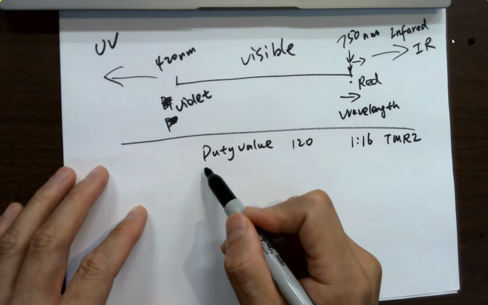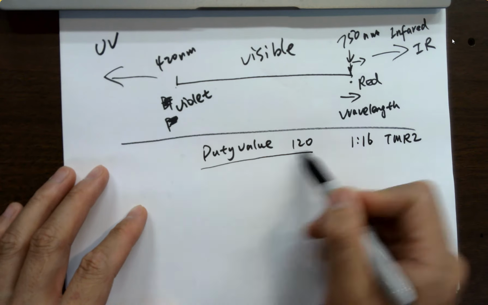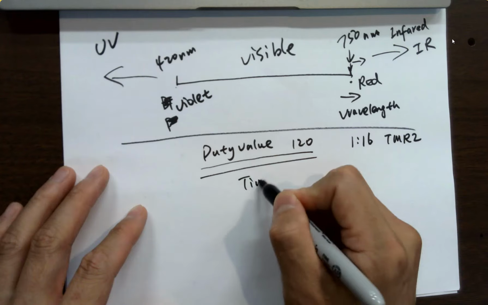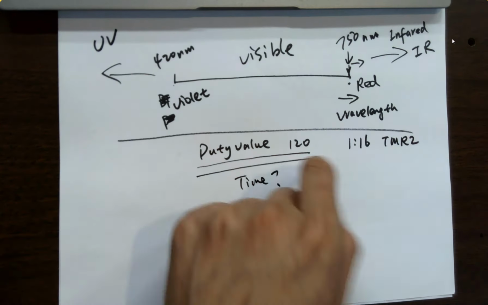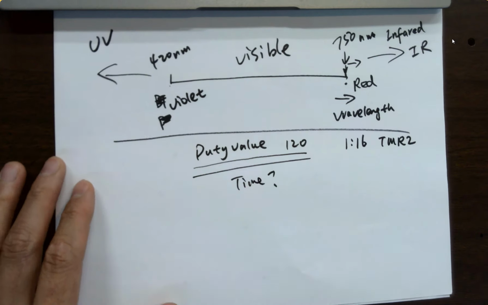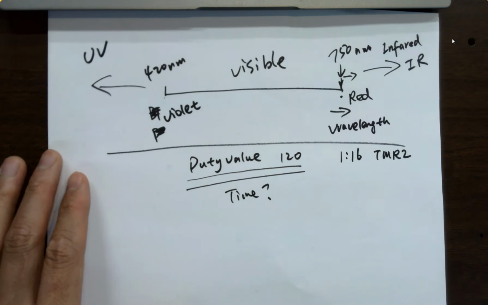Let's just calculate how long it takes, what's the time, based on this timer and this count. How do we calculate it? This is one of the problems, 10 points on the midterm. 10 points.